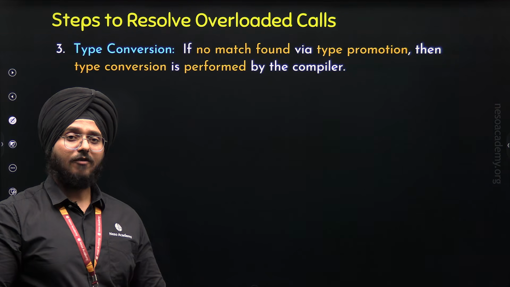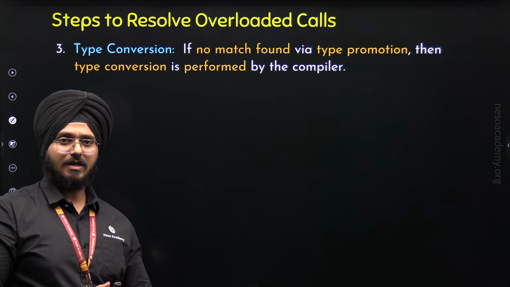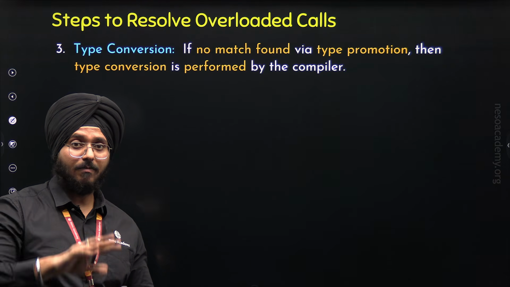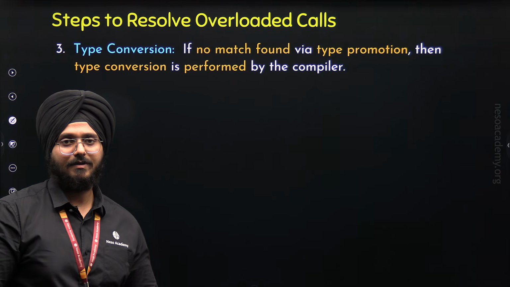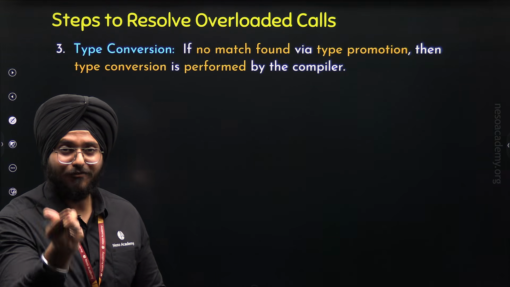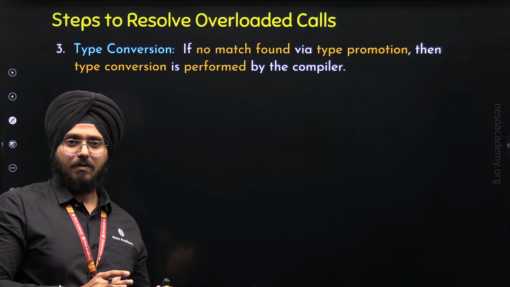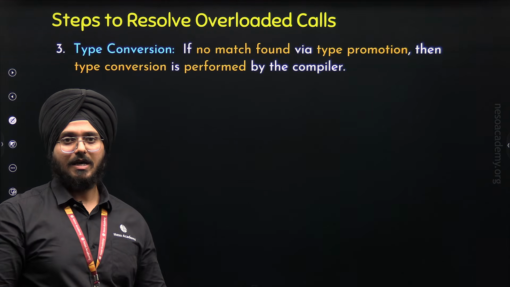First of all, in case of type conversion, there is the possibility that a specific type can be converted to some other category type. It is possible that an integral type can be converted to a floating point type. If the type promotion is not possible, then type conversion must happen.